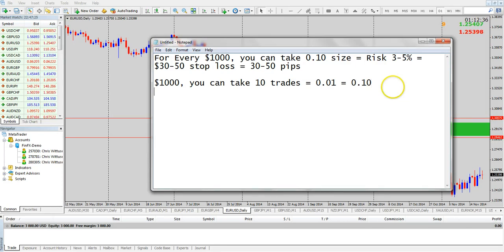So the risk on that, if you have 10 trades at 0.01, combined you have to risk 10%. So on a 0.01, if you only took one trade, let's make it simple, if you only took one trade at 0.01, your stop loss is equal to 300 to 500 pips, 3 to 5%.